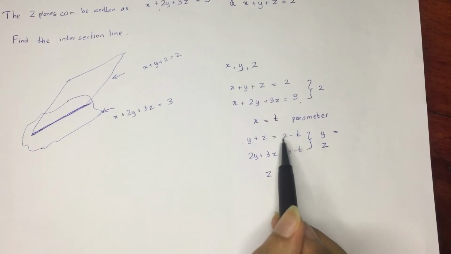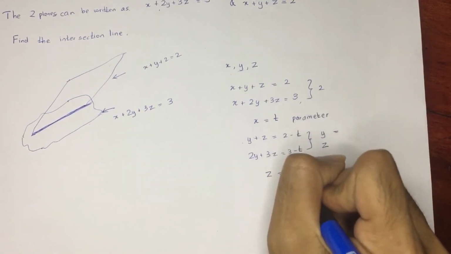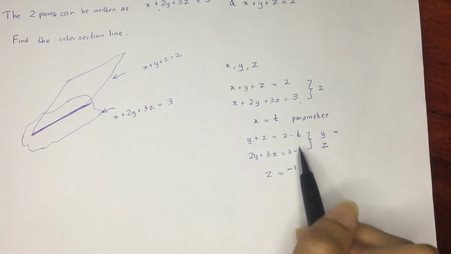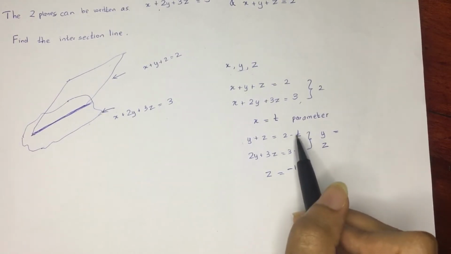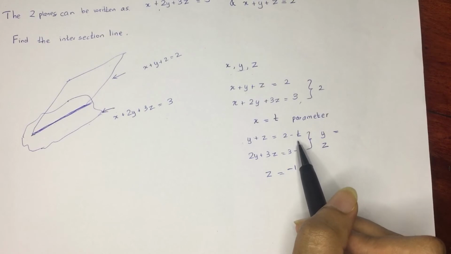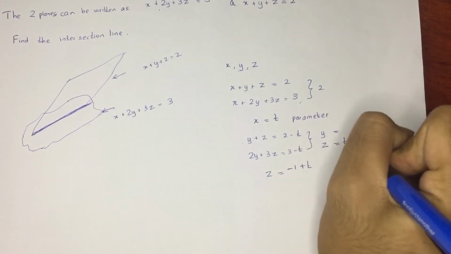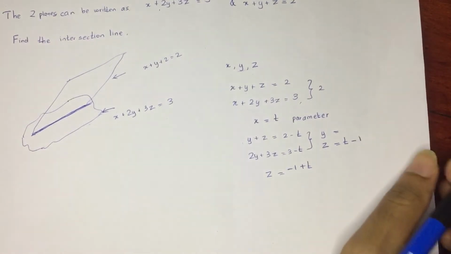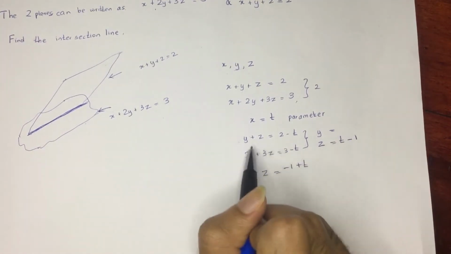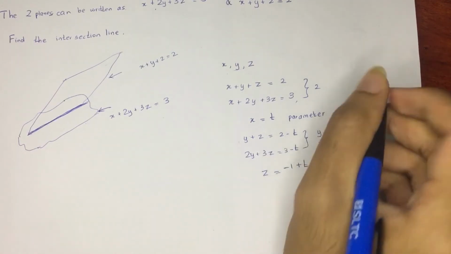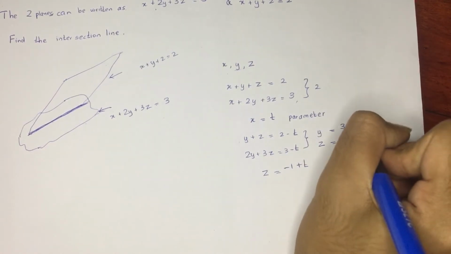If I multiply by 2, the y term is 2y, and deducting it from 2y gives 0. For z, 3z minus 2z gives 1z. On the right side, 2 times 2 is 4, and 3 minus 4 is minus 1. Then 2 into minus t is minus 2t, so deducting minus 2t from minus t gives plus t. So we can directly say z equals t minus 1. Also, we can substitute here, and it returns y equals 3 minus 2t.